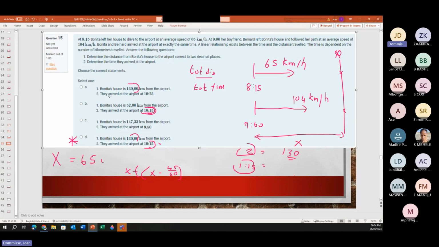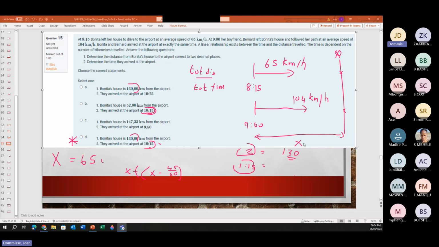Let's see if I can paste it in this. Okay, so it is also in the chat if that can assist you.